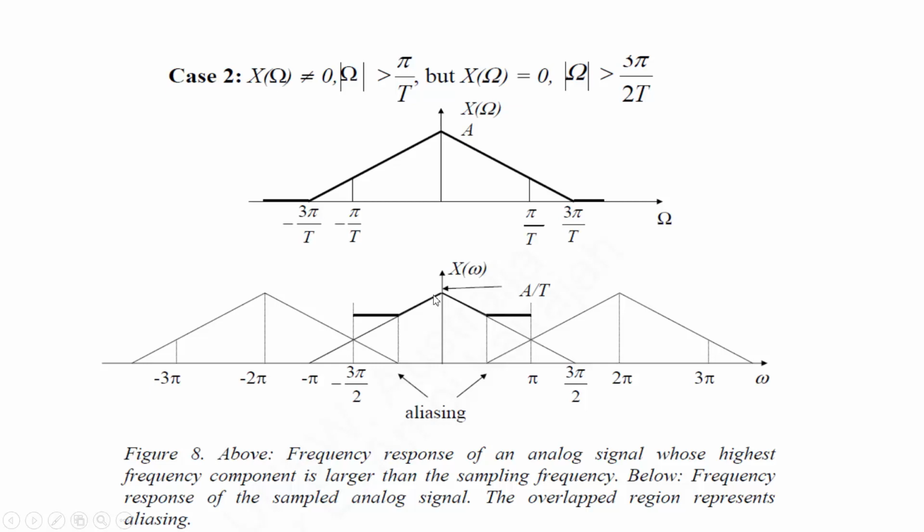Then what will happen? The spectra will repeat after a period of 2 pi. Now if you see here, in the baseband frequencies, there will be aliasing.